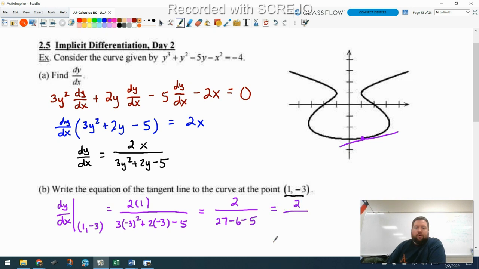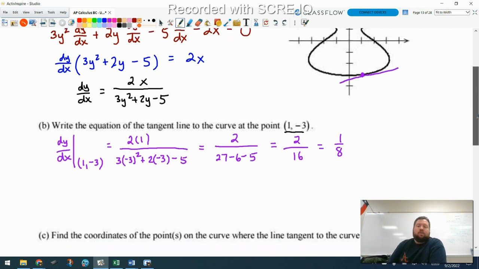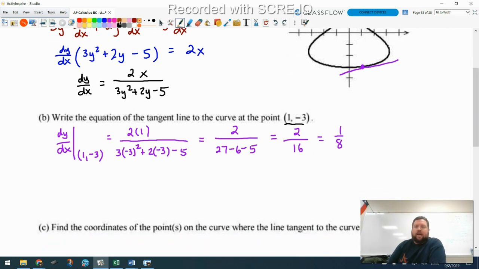So that's 2 over 27 minus 11, which is 16, and that reduces to 1 over 8. Our slope is 1 over 8, and I have my x and y, so I can go to point slope form: y plus 3 is equal to 1/8 times (x minus 1). Leave our answer like that.